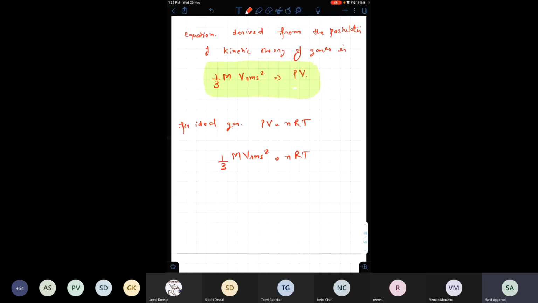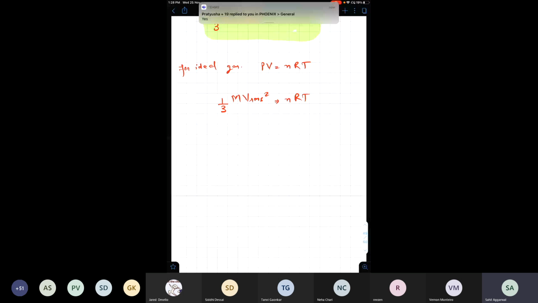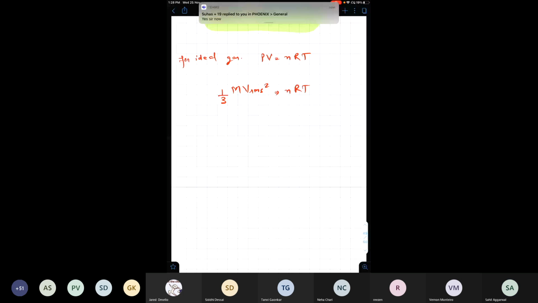Okay. So 1 upon 3 m Vrms whole square is equal to nRT. So you can say 3 nRT is equal to m Vrms whole square. Multiply both sides by 1 by 2.